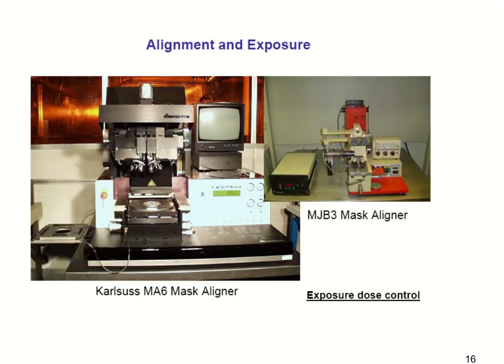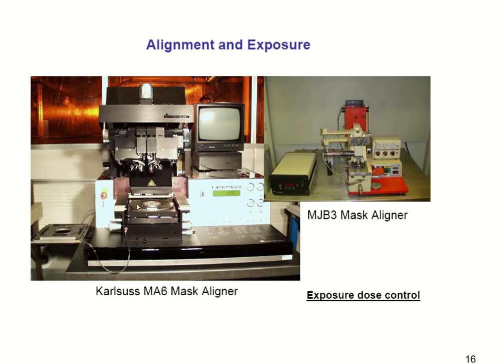So, alignment and exposure. This is one of the machines used in one of the clean rooms at Georgia Tech. I was in the clean room in 2002, so that's the age of the equipment shown here. There is an MA6 mask aligner, and there is another aligner available.